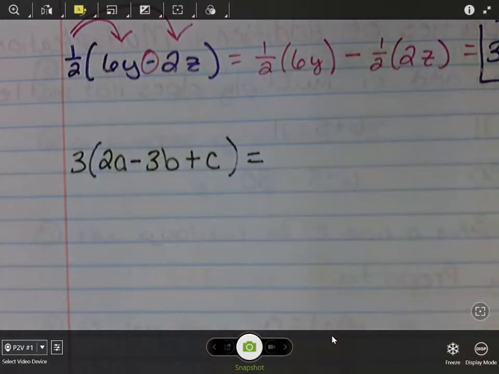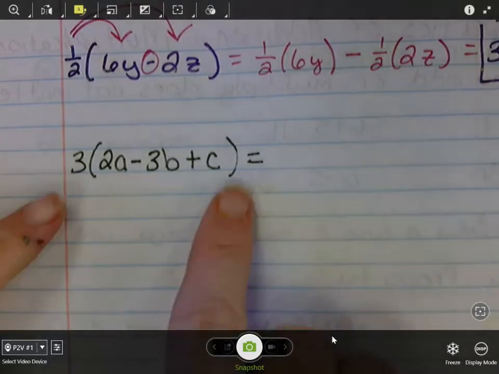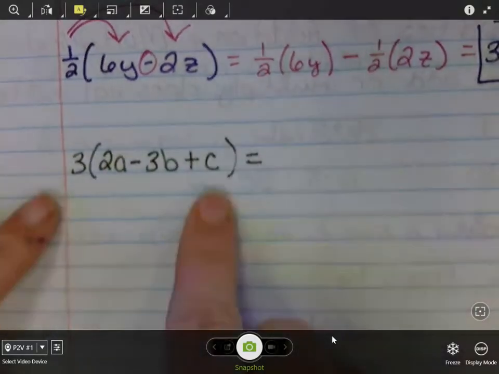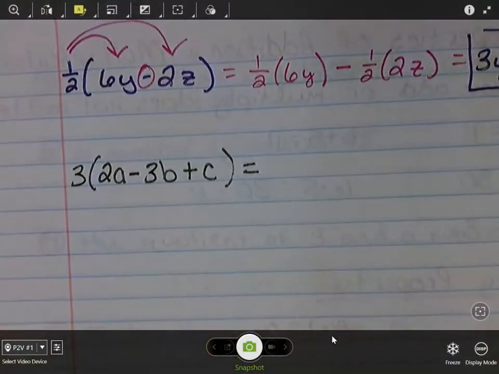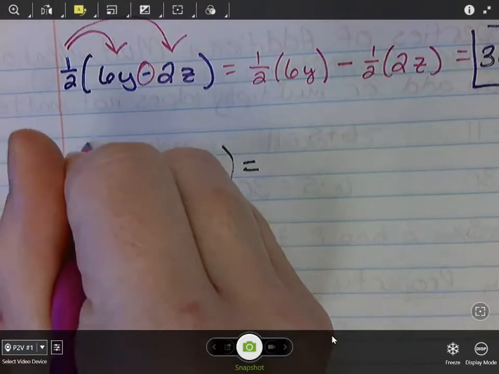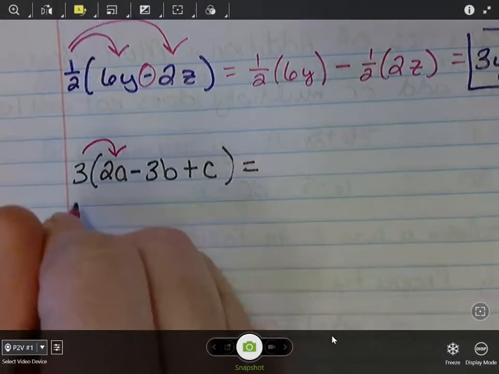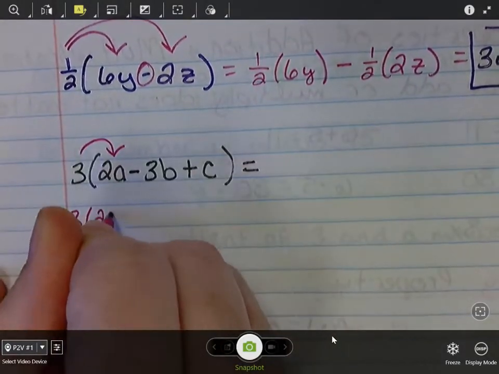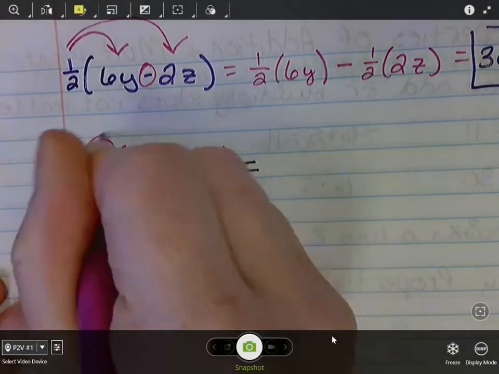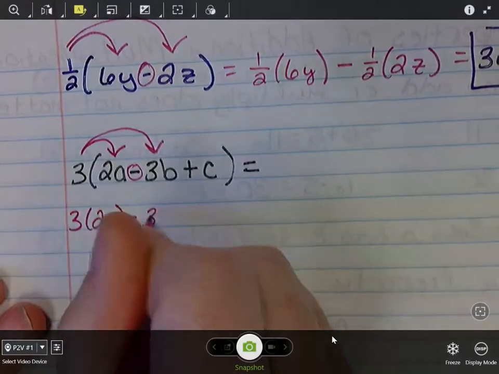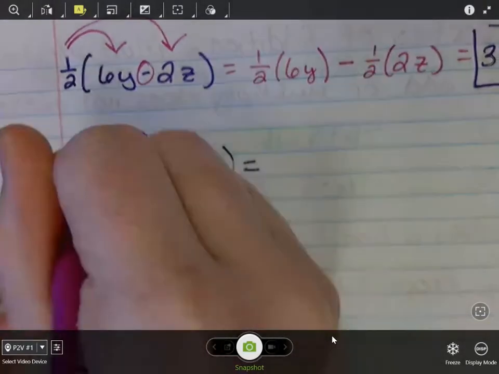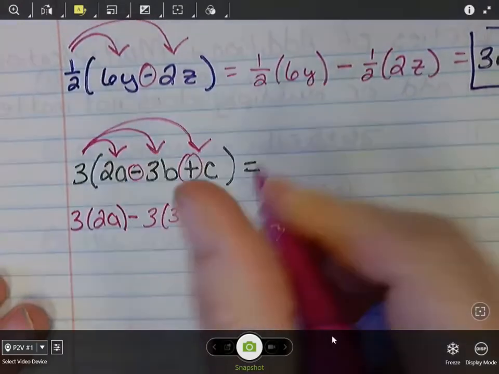3 times. 3. Now, I'm going to work this one out like I usually do. Like I know we've been going to the side, but I like to go down and stay on top of each other. So I'm going to work downward. So we would do 3 times 2a minus 3 times 3b plus 3 times c.